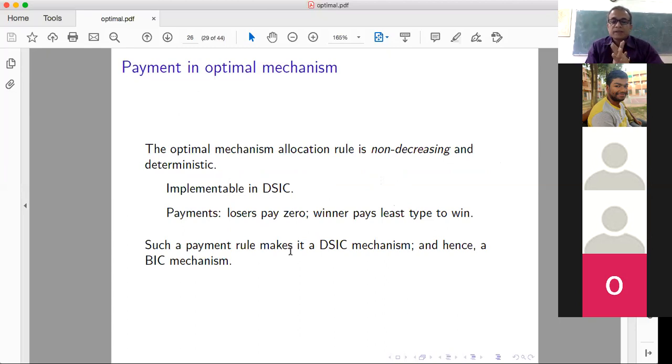And we know how that DSIC mechanism will look because it is deterministic. It has to be a cutoff type payment where losers pay 0 and winners pay the least type at which she starts winning. Okay, such a payment rule will make this allocation rule a DSIC mechanism. Hence, the BIC constraints that we had imposed at the beginning will also be satisfied.